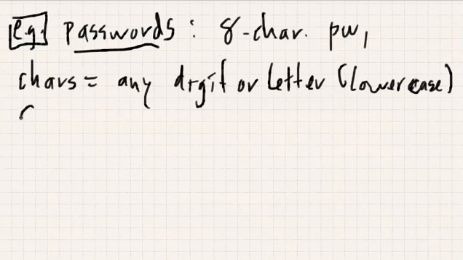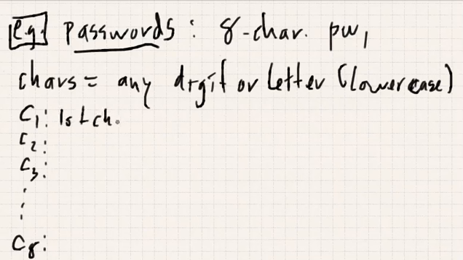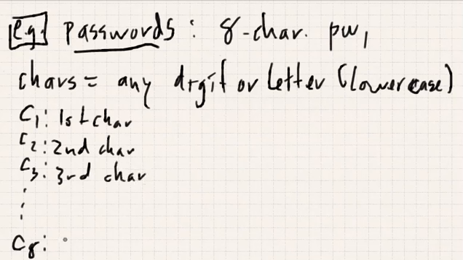So I'm making 8 choices here. I'm choosing my first character, my second character, my third character, all the way up to my 8th character.